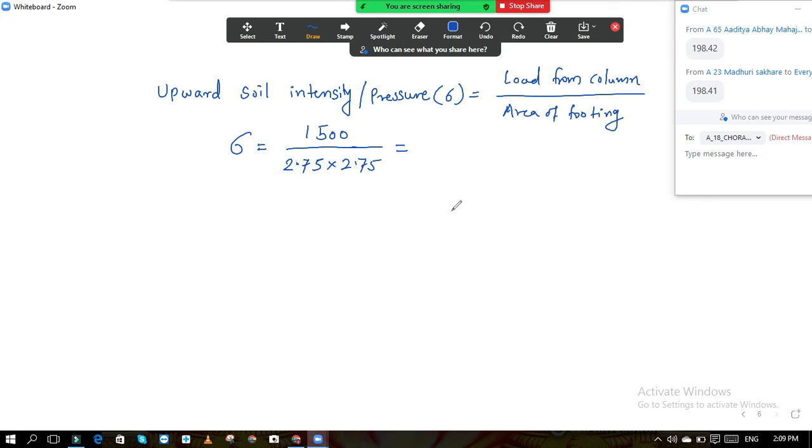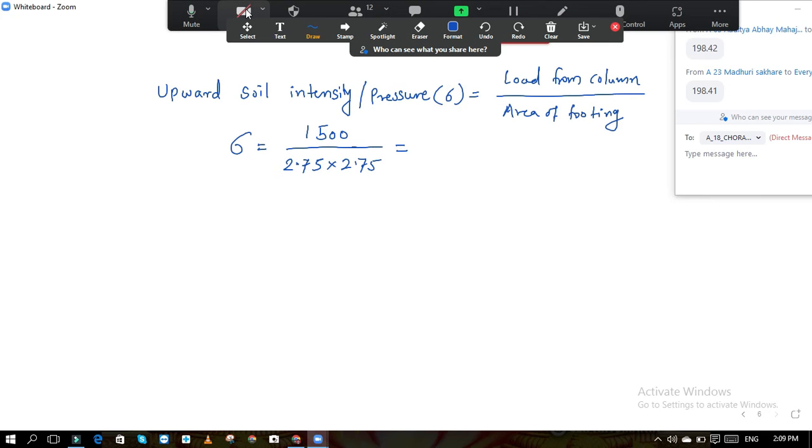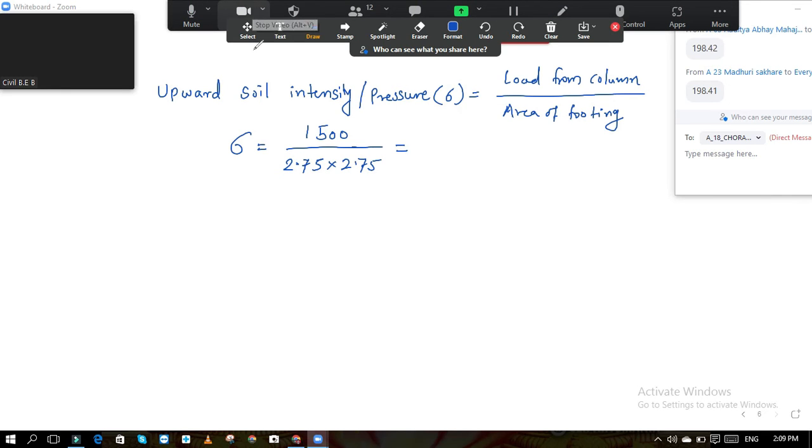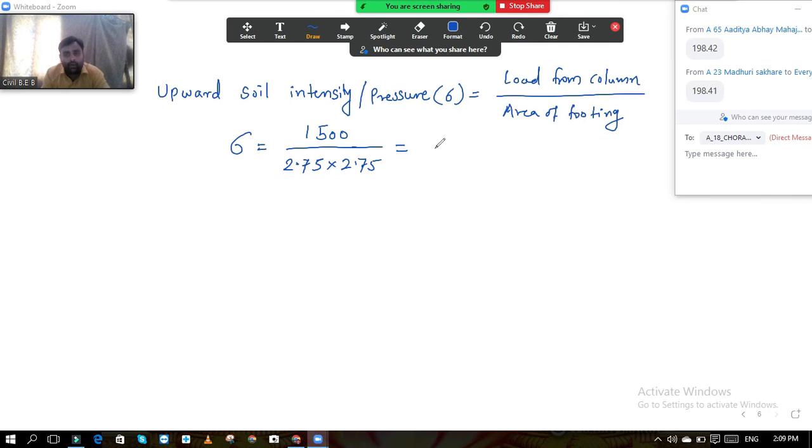Okay, so the value is 198.41 kilonewton per meter square. Now this is the soil intensity or soil pressure, the upward soil pressure.